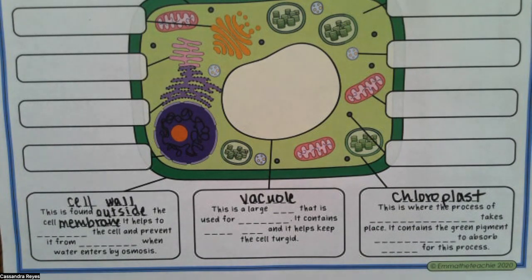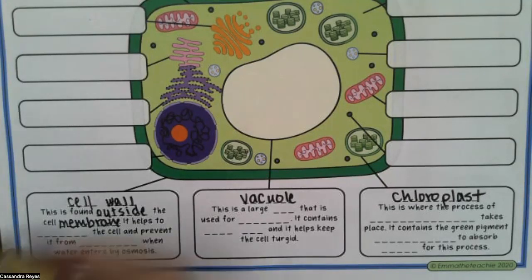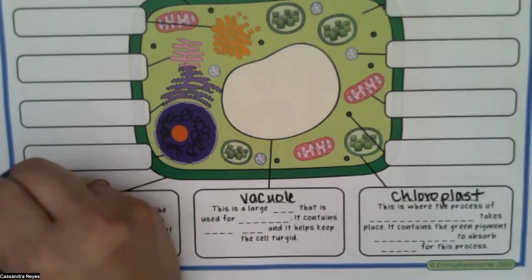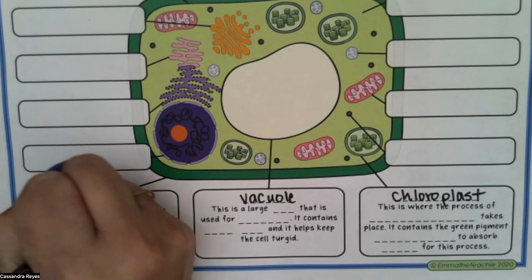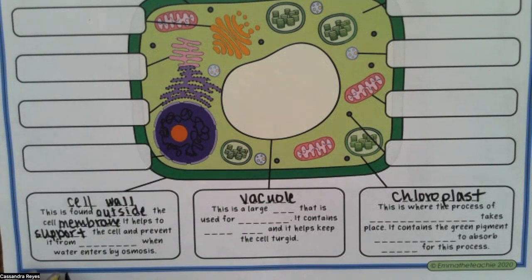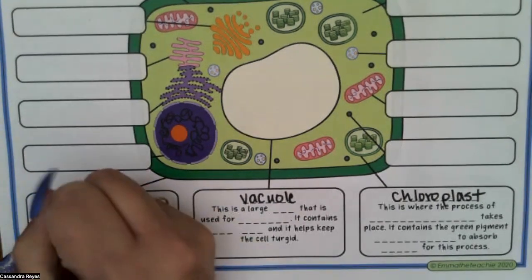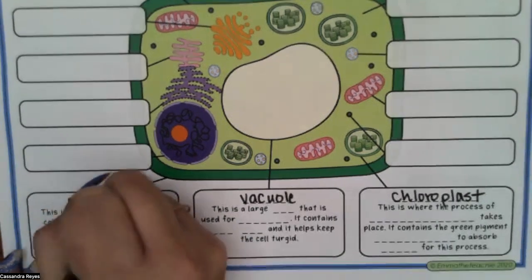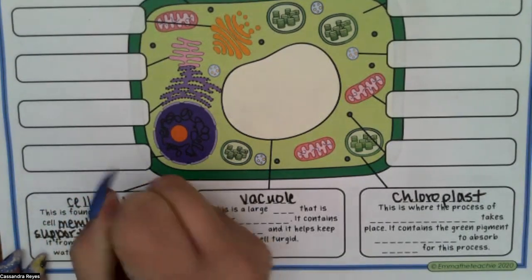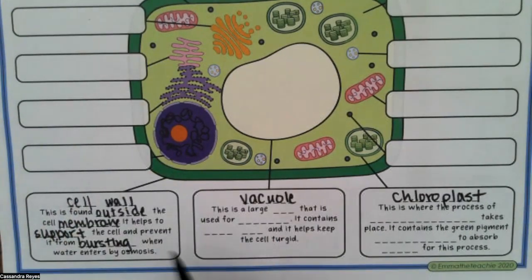Okay. So the cell wall is found outside of the cell membrane. It's going to help us to support the cell, and it's going to prevent it from bursting when water enters our cell by osmosis.